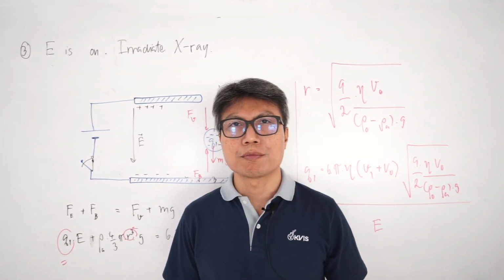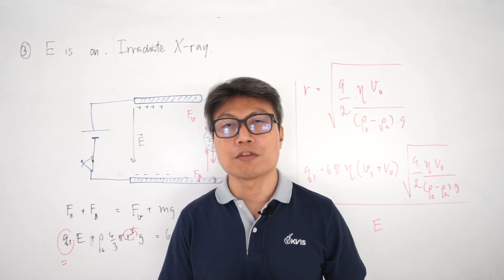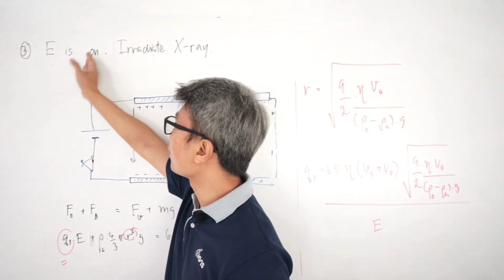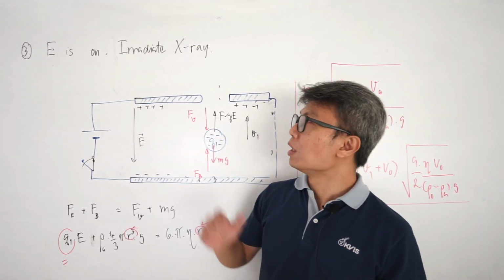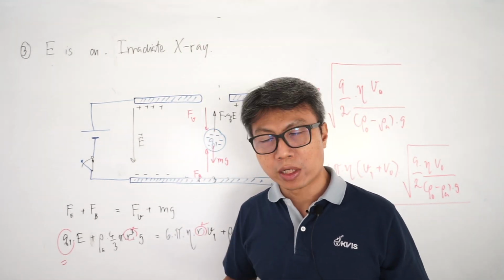For the third step, the determination of the elementary charge of the electron, we still keep our electric field turned on. However, we have to irradiate our system using X-ray radiation.